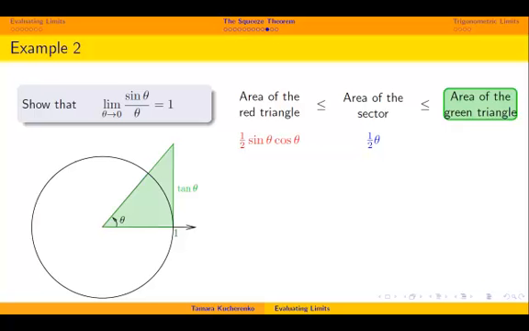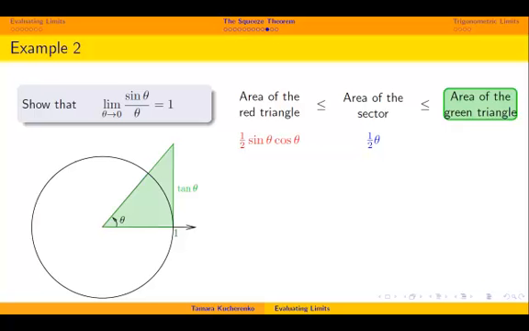In case you do not remember this fact from trigonometry, it is easily deduced by setting equal the ratios of the corresponding sides of the similar red and green triangles.